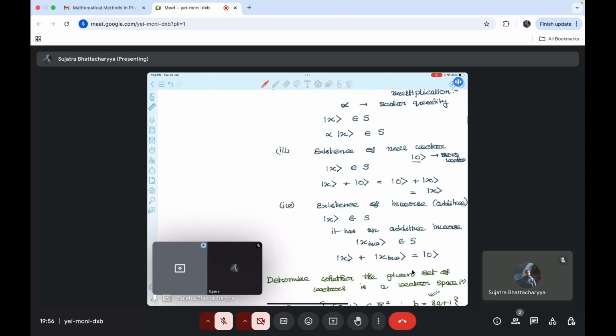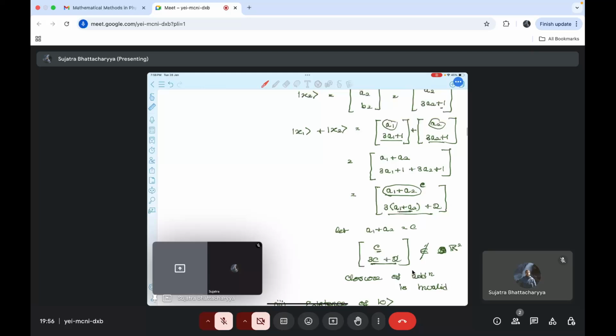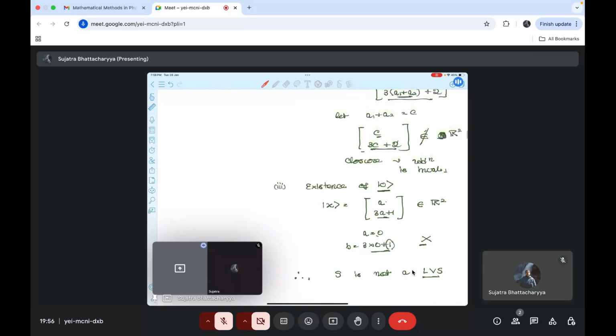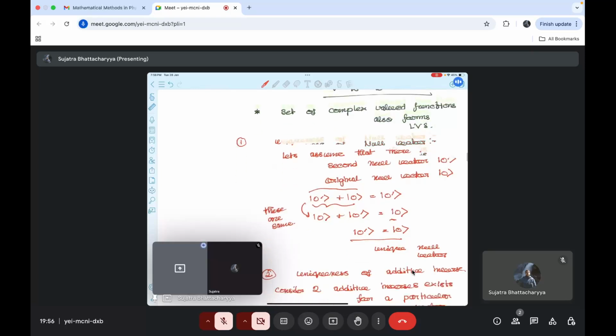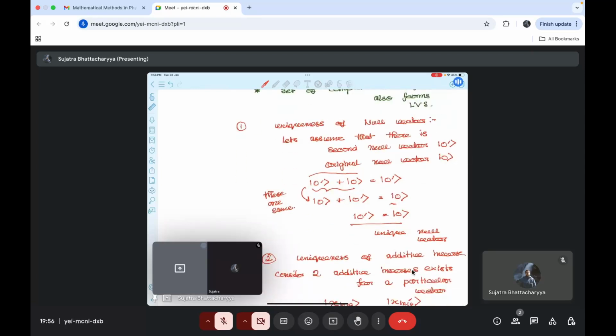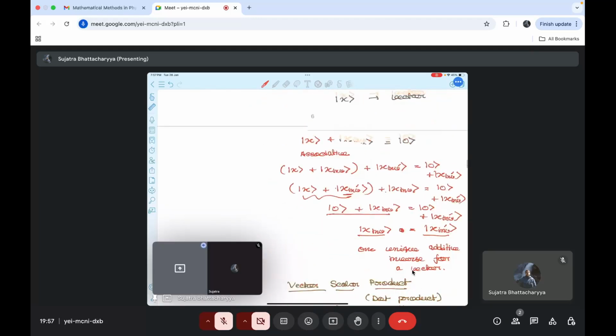There must be an existence of a unique null vector, and a unique additive inverse. And we have done some questions on that. Then we discussed how we can prove that there is a unique null vector and a unique additive inverse for a particular vector in a vector space.